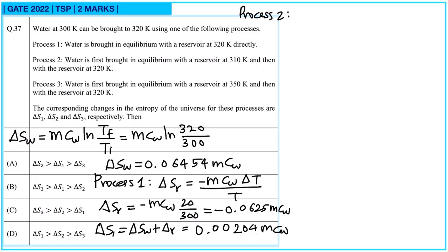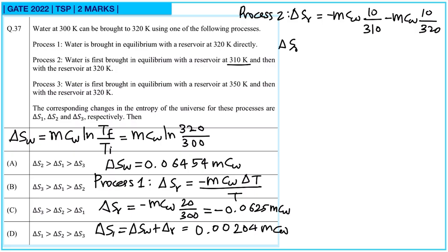For process 2, delta Sr is equal to minus m Cw. It is first taken to 310 and then 320. So first change is 10 and the corresponding temperature is 310, and next it is 310 to 320, so again 10 upon 320.